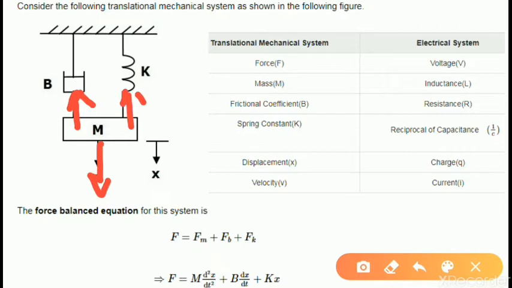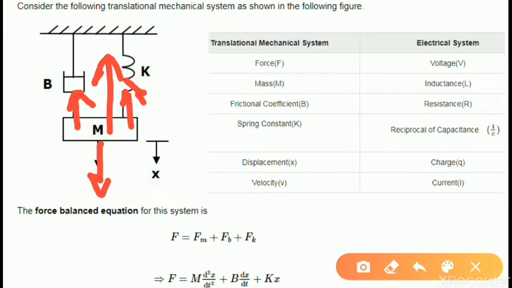Similarly, the spring also applies a force in the upward direction on the mass. The force due to mass is also in the upward direction.